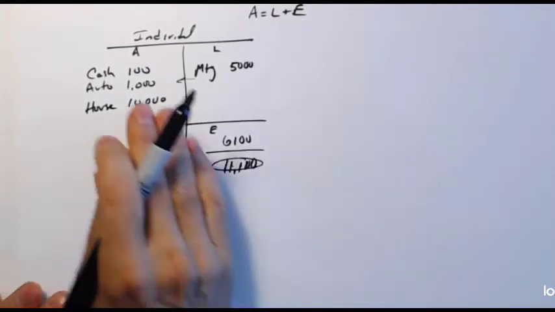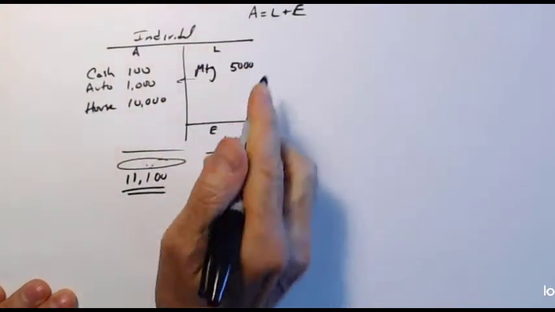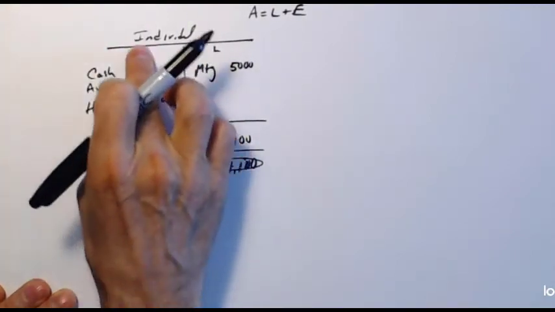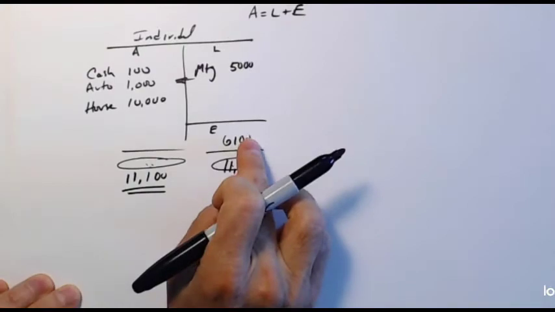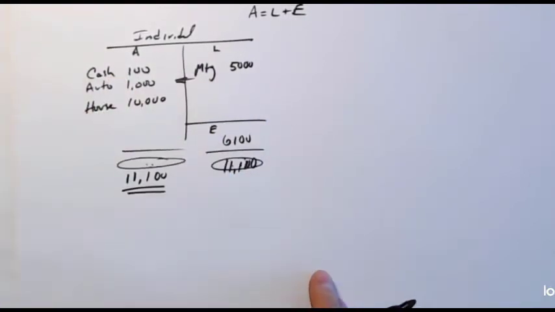And so you see their assets equal their liabilities and their equity. It's this side of the balance sheet that funds this side. So this $5,000 helped buy what's over here. And then this is equity that helped initially at one point in time fund your assets.